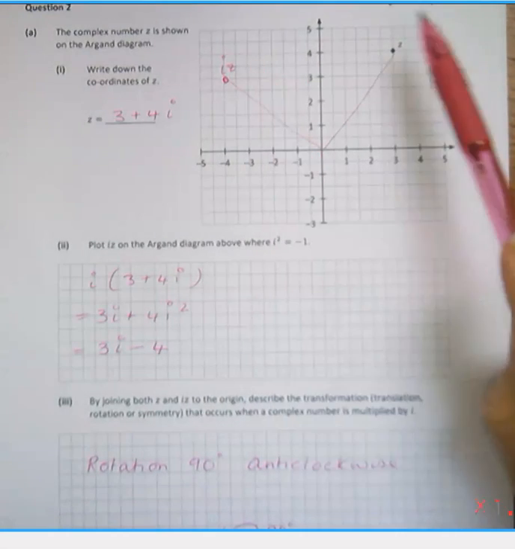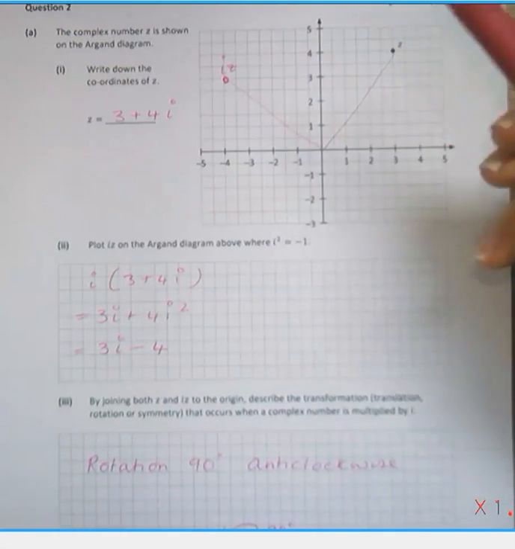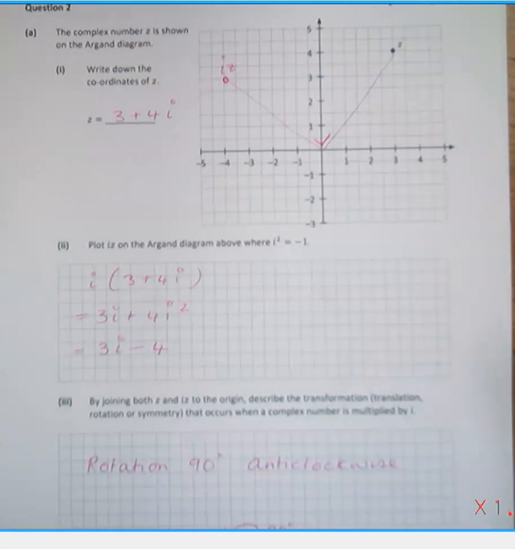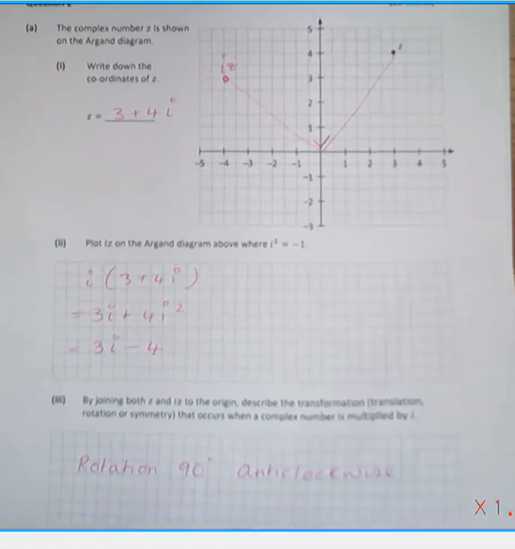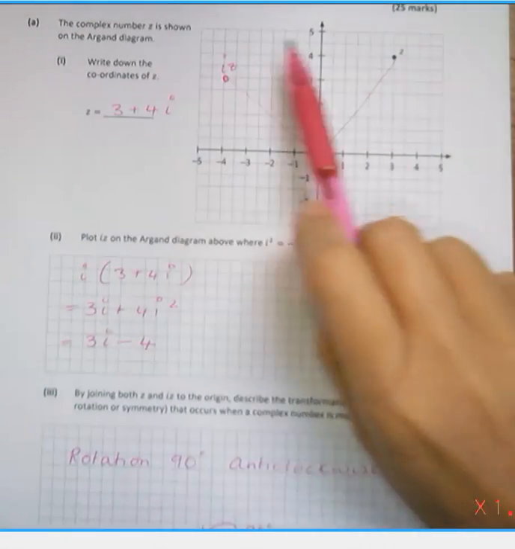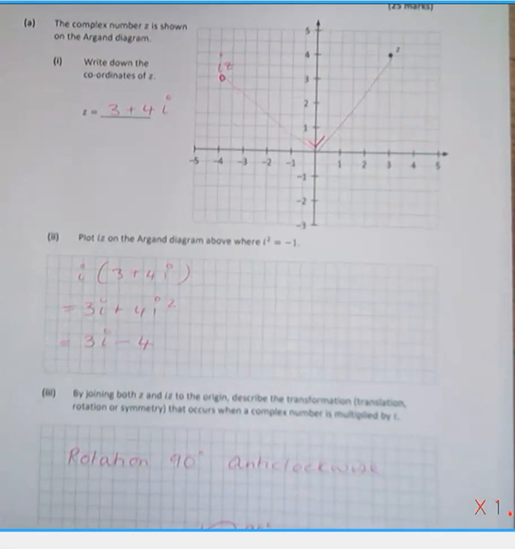So what happened was that by multiplying by i, you got a 90 degrees. This is the right angle. You get a 90 degree rotation anti-clockwise. So please, please, please say 90 degree, and you go anti-clockwise. It's not a direct across an axis symmetry. It's actually a 90 degree rotation.